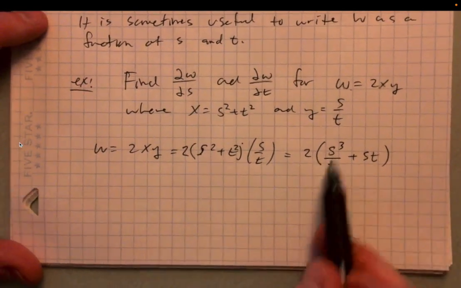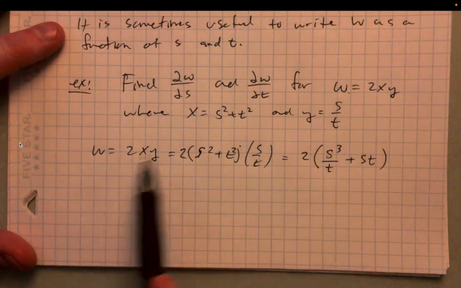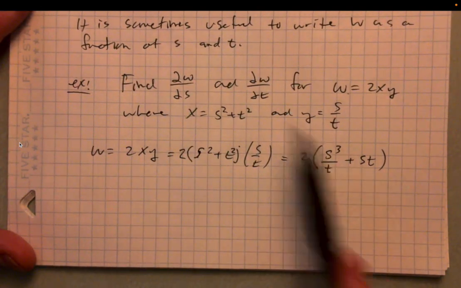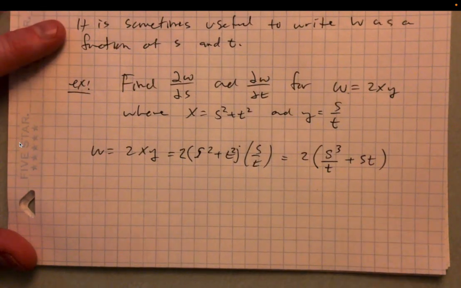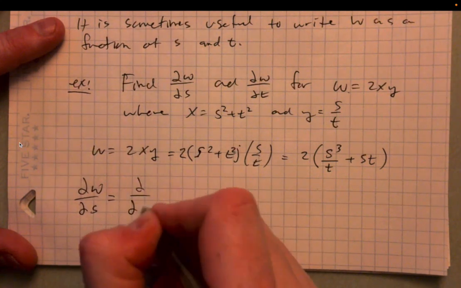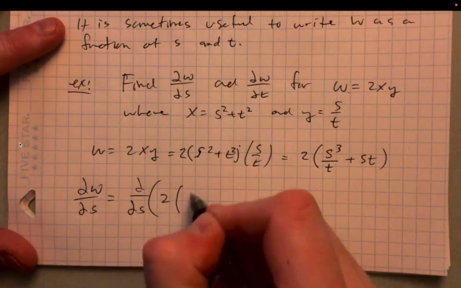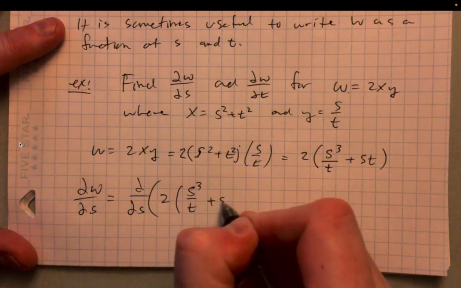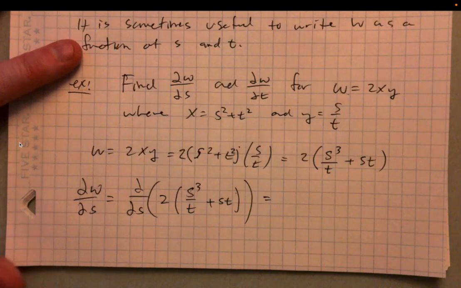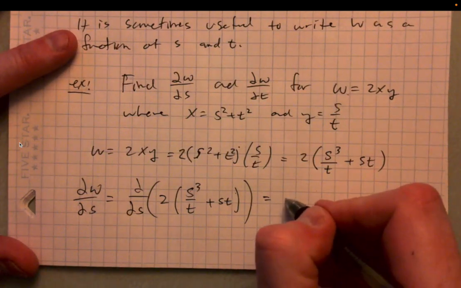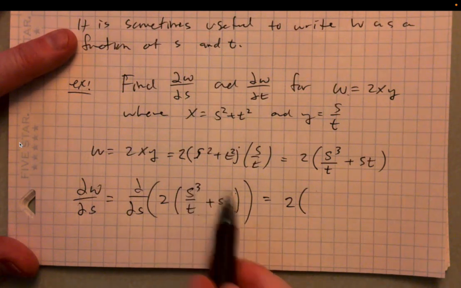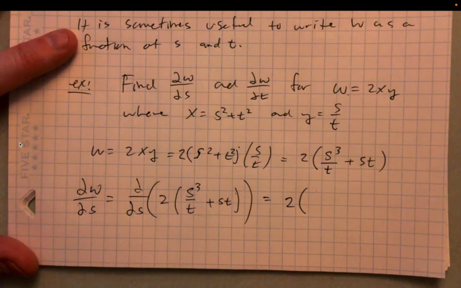So now w is a function of s and t. And so it's real easy to find the partial of w with respect to s by just taking the partial derivative of this, and the same thing with the partial with respect to t. So del w del s is equal to the partial derivative with respect to s of 2 times s cubed over t plus st. And what is that? Well, now we need to differentiate this with respect to s, so pretend t is a constant.